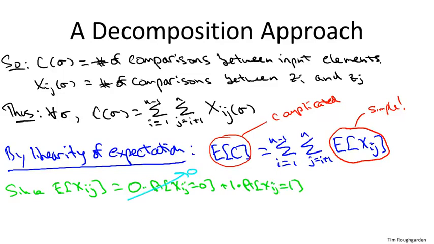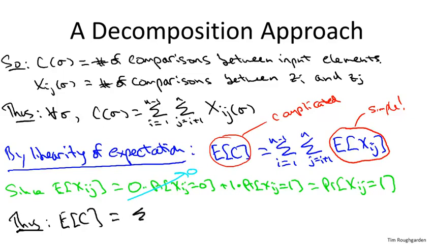And of course, this 0 part we can very satisfyingly delete. And so the expected value of a given xij is just the probability that xij equals 1. And remember, it's an indicator random variable. It's 1 precisely when the ith smallest and the jth smallest elements get compared.